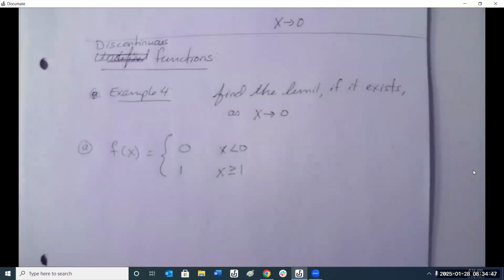How about this one? What would that one be and why?